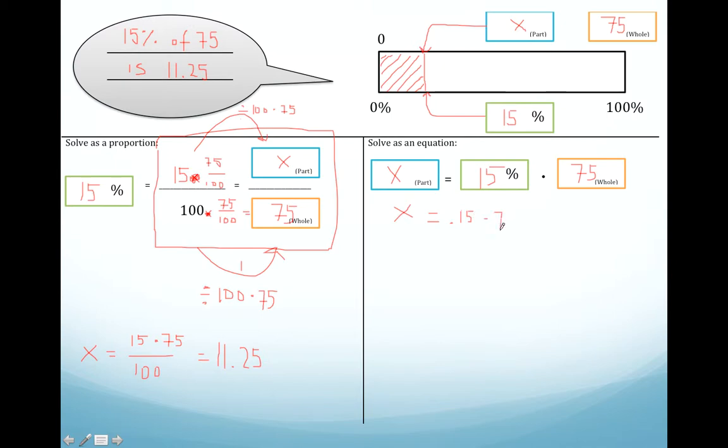And then I multiply that by 75. And this, when you type it in the calculator, also equals 11.25. In two different ways, I found that my part is 11.25. This is an example of an unknown part.